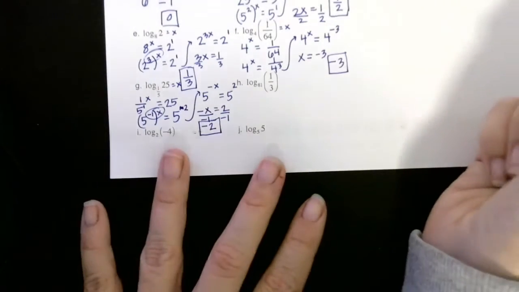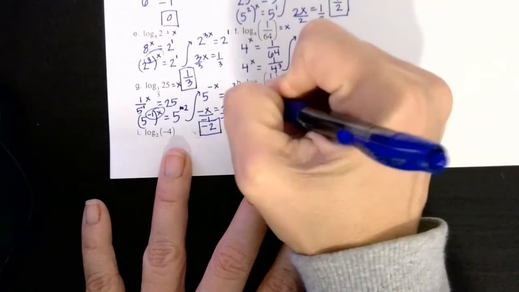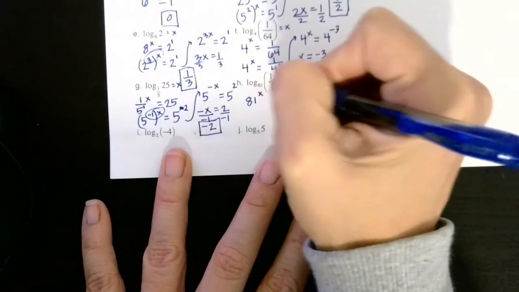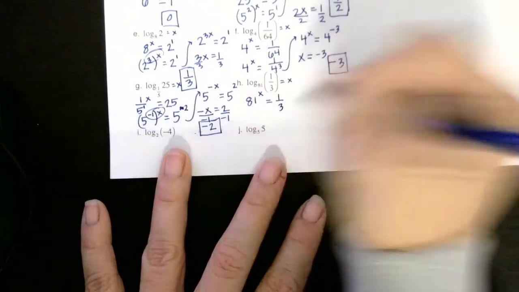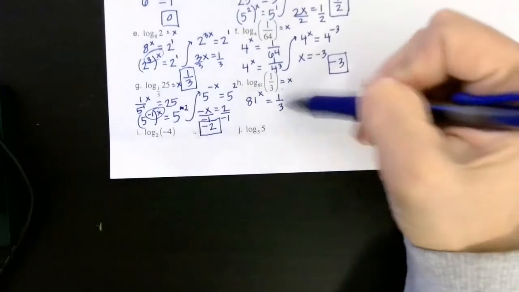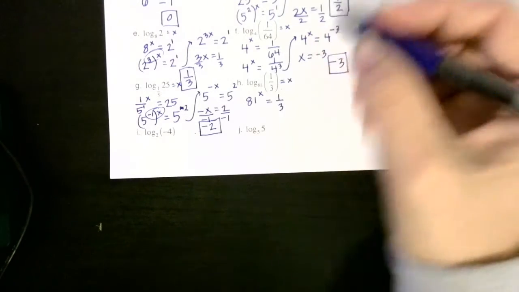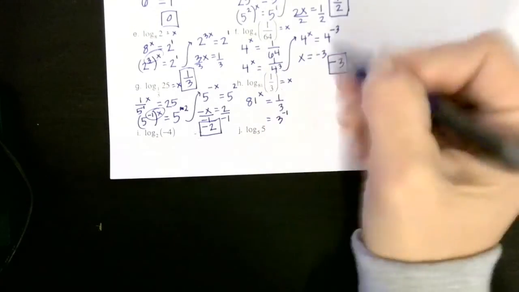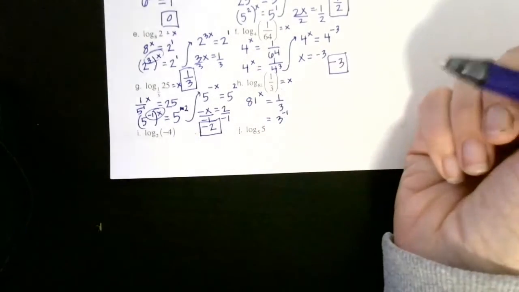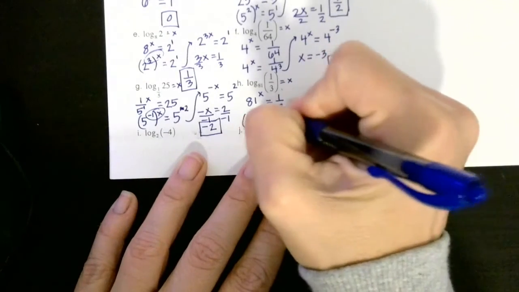Okay, moving on, we have this guy right here. 81 to what power equals 1/3? So this is your clue right here. You could actually use a base of 9, but that would be really intense. So I'm going to change this to 3 to the negative 1, and then you can use your calculator to figure that 81 is 3 to the 4th power.